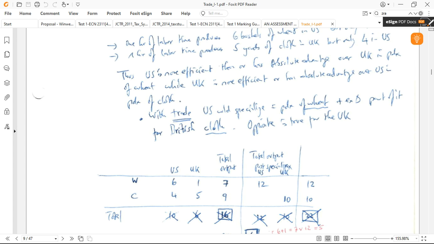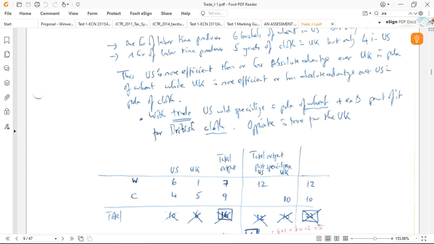So before specialization, let's start with wheat. The US was producing 6, the UK was producing 1, the total was 7. With cloth, the US was producing 4, the UK was producing 5, the total was 9.